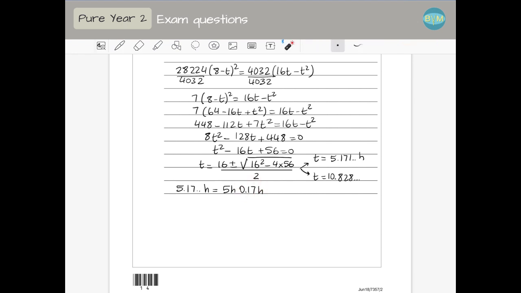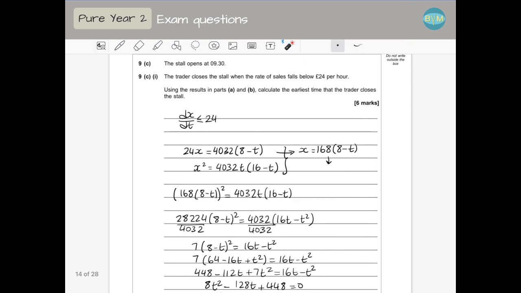If we multiply this by 60, we have minutes. So this is 5 hours and 0.17 by 60 is 10.26. So I'm going to leave just 10 minutes, rounded to the nearest minute. So we need to close the stall 5 hours, 10 minutes after it opens.